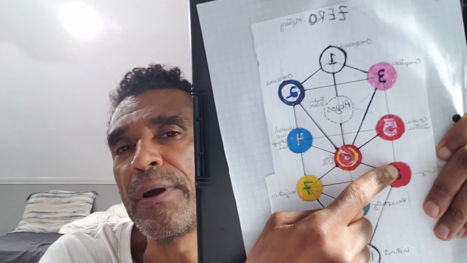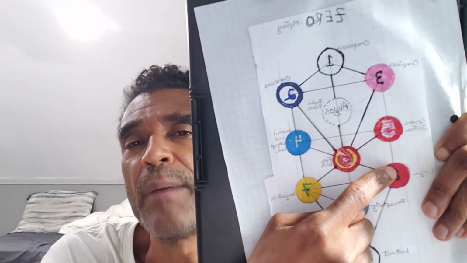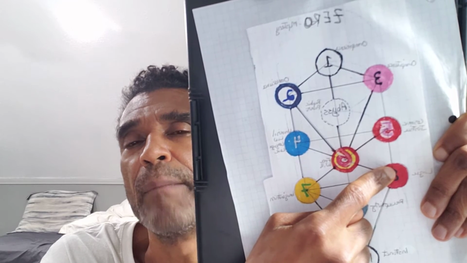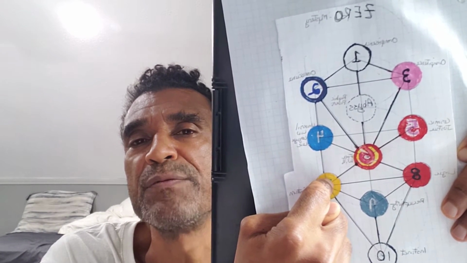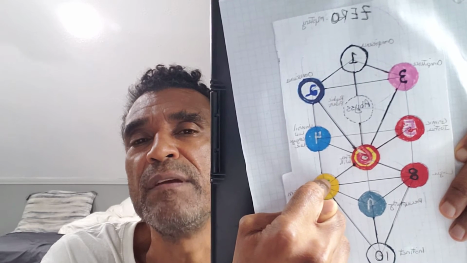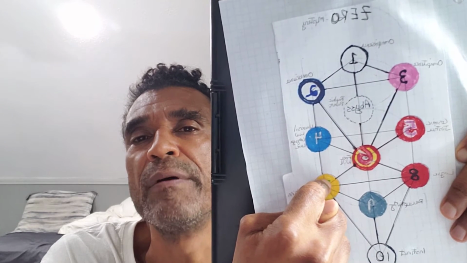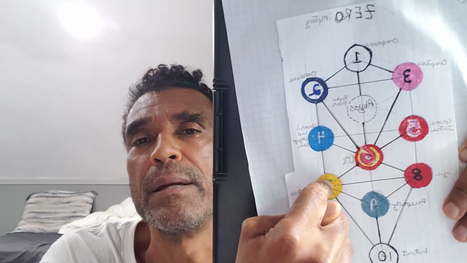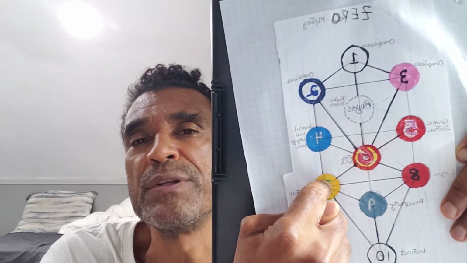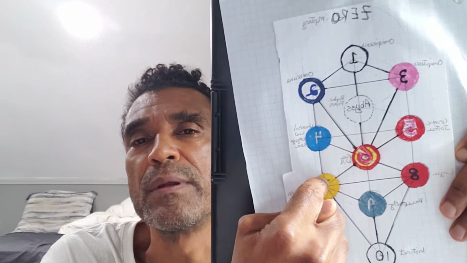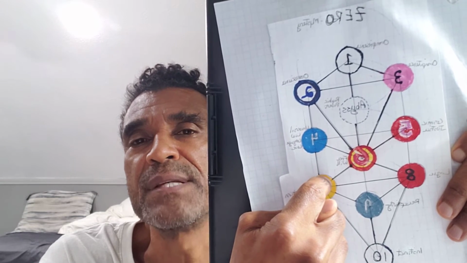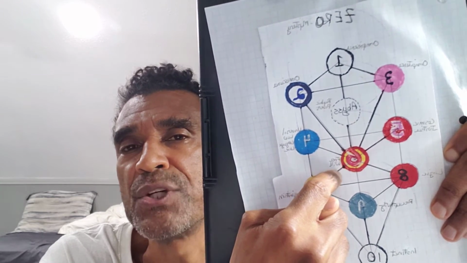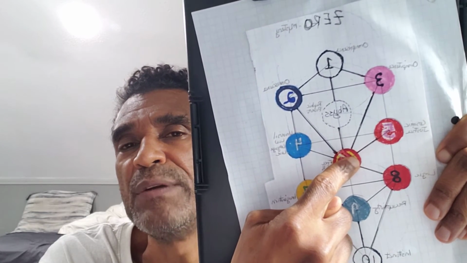At the eighth sphere, it's, I'm going to be a doctor, I'm going to be a lawyer, I'm going to be a banker. At the seventh sphere, it is, I'm going to be the very best version of me. You know, the very best version that can contribute to the world. So that's what we arrive at, and that gives us the impetus or the inspiration to climb the tree further.